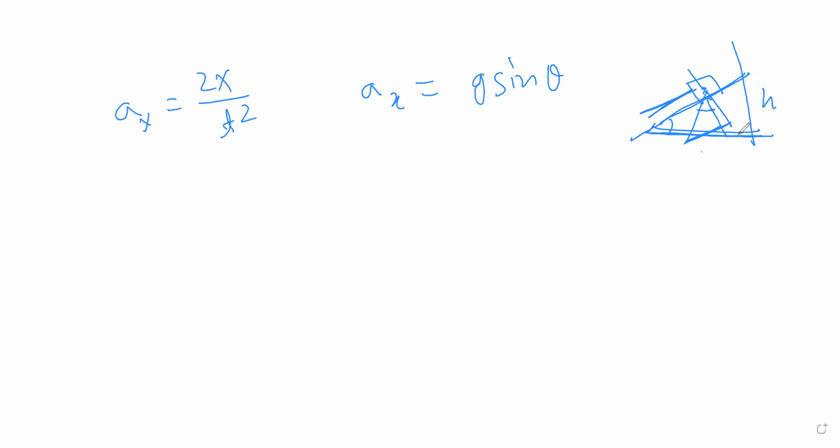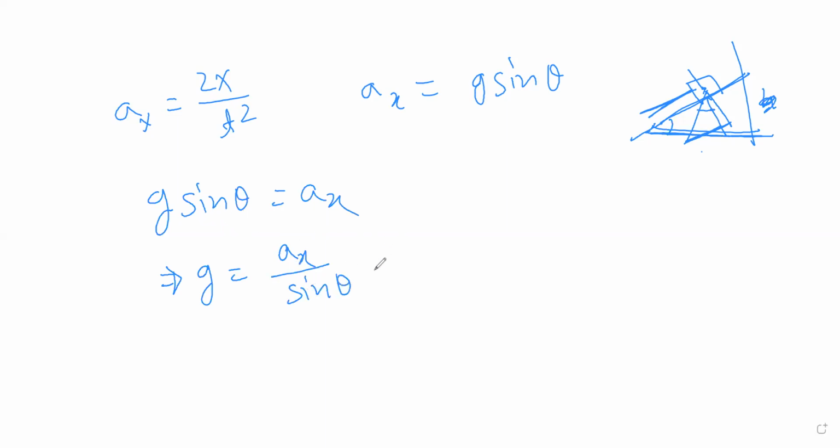So what is length and height? If we rewrite this equation, g sine theta equal to ax, next line we get g equal to ax over sine theta. We just divide sine theta both sides and plug in the value of ax. So that means 2x over t square sine theta.